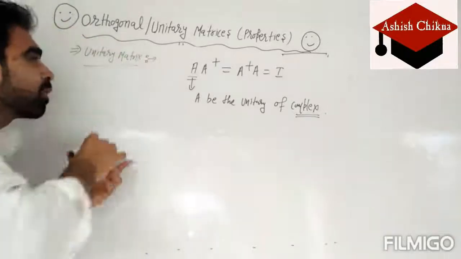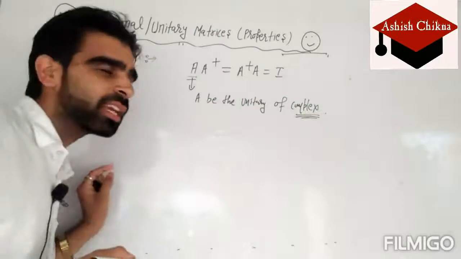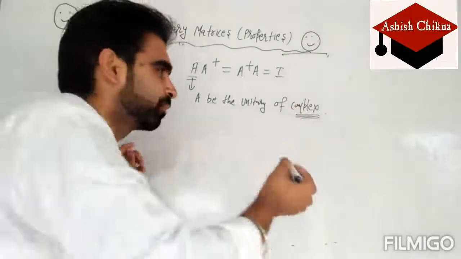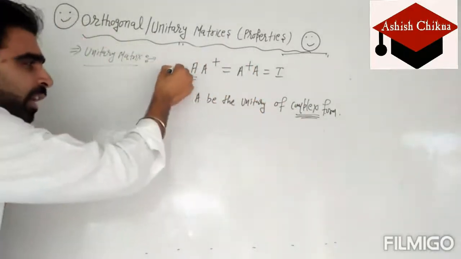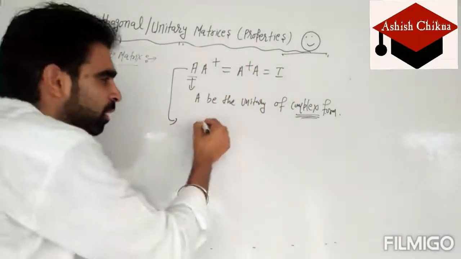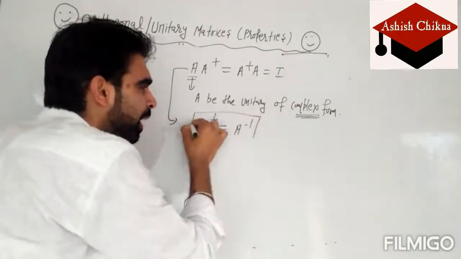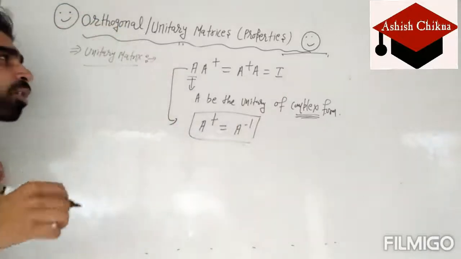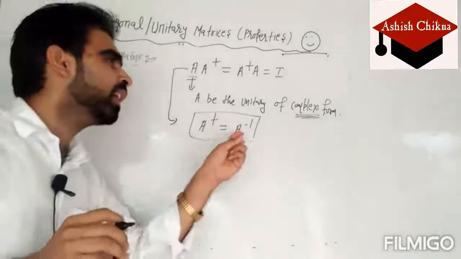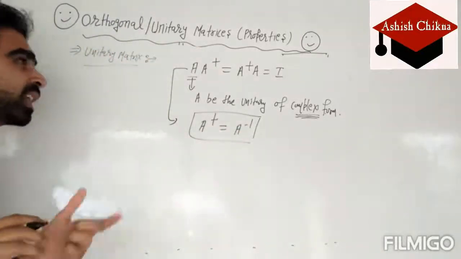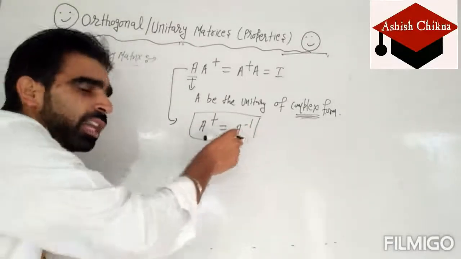In the orthogonal matrix it is in real form, but in this case it is always in complex form. Also write A dagger is equal to A inverse. In the previous case of orthogonal matrix the definition was A transpose is equal to A inverse, but for a unitary matrix, A dagger is equal to A inverse.